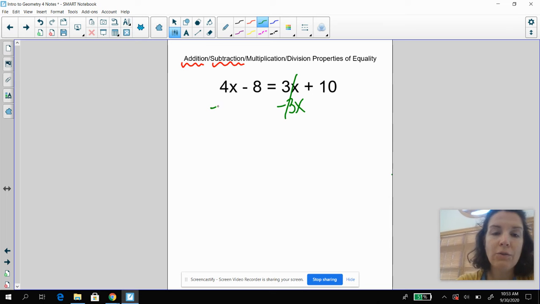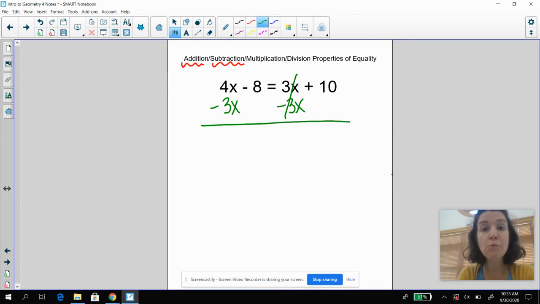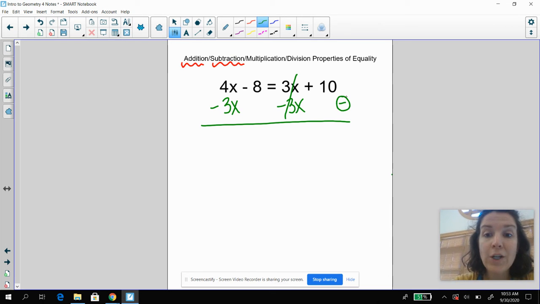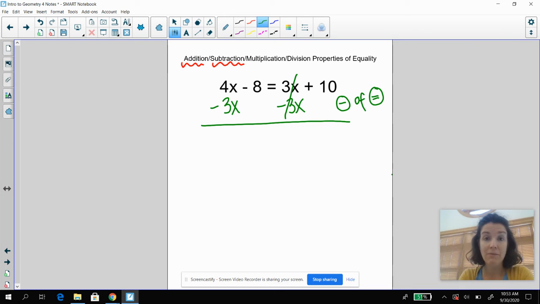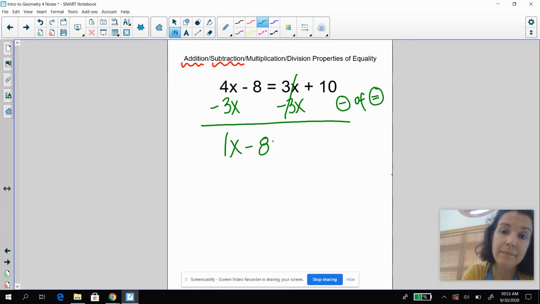So I'd subtract 3x from one side and subtract 3x from the other. That subtraction from one side to the other is called the subtraction property of equality. Sometimes we abbreviate it as just minus of equals. And so then I'm left with 1x minus 8 equals 10.